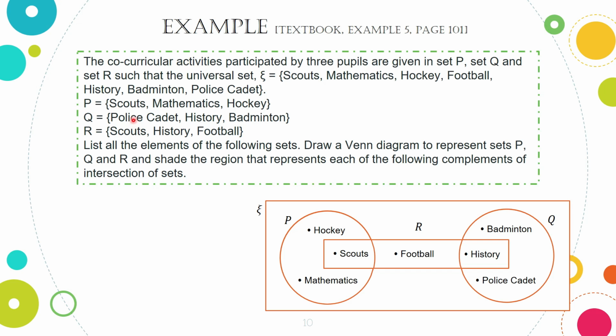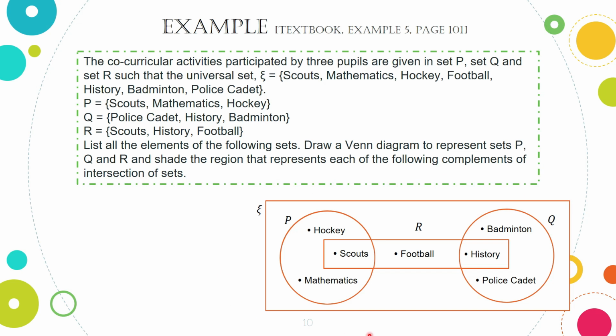Q is Police, Cadet, History, Badminton. The last one is set R, with elements Scout, History, and Football. The instruction is to list all the elements of the following sets, draw a Venn diagram to represent sets P, Q, and R, and shade the region that represents each of the following complements of intersection of sets.